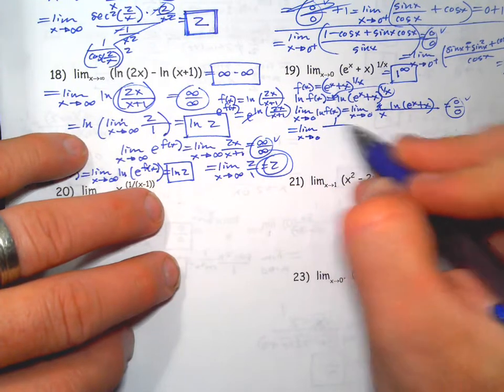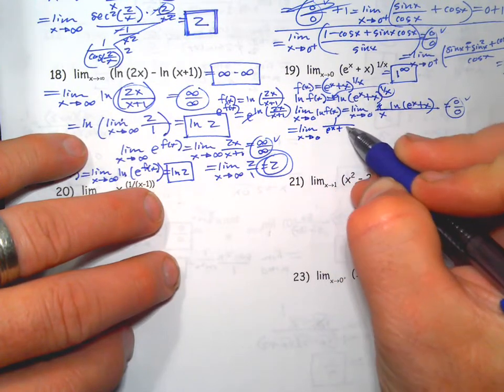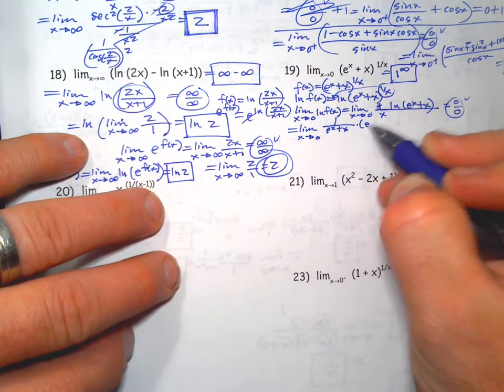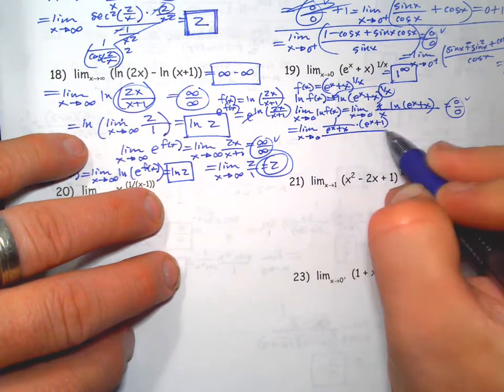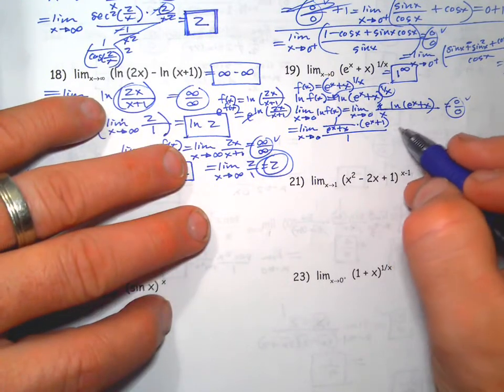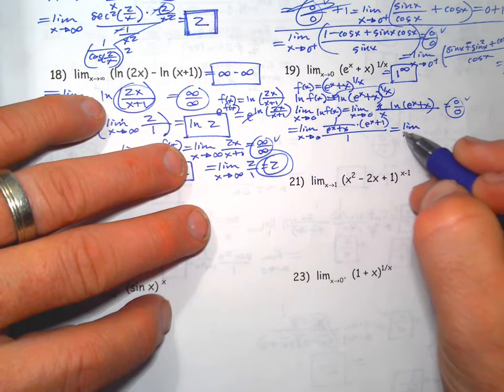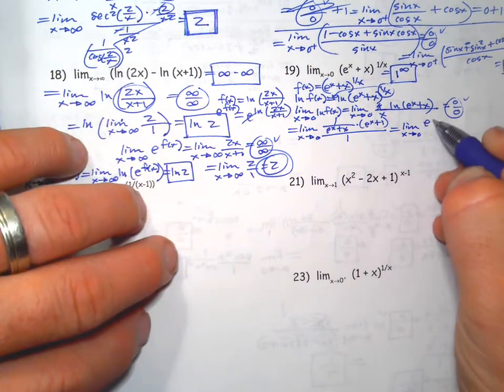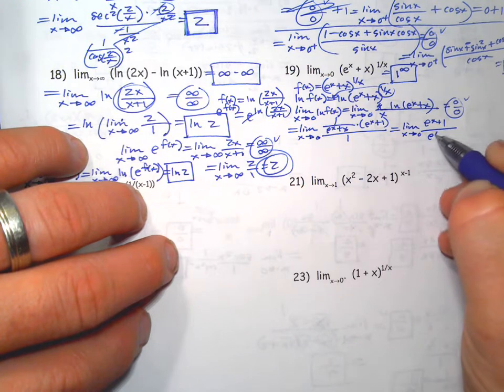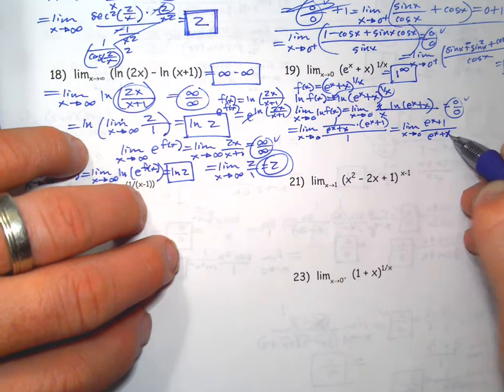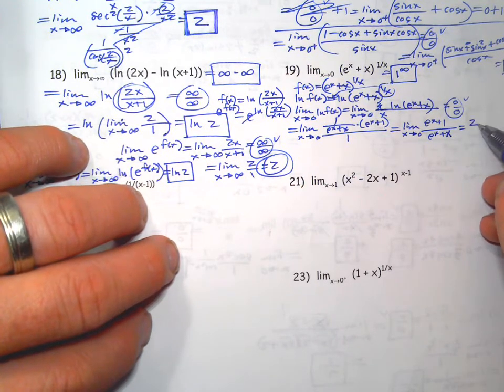The derivative of the top is 1 over what's inside times the derivative of what's inside. Chain rule. Put parentheses around it. Maybe clean it up. So we're going to get 2 over 1.